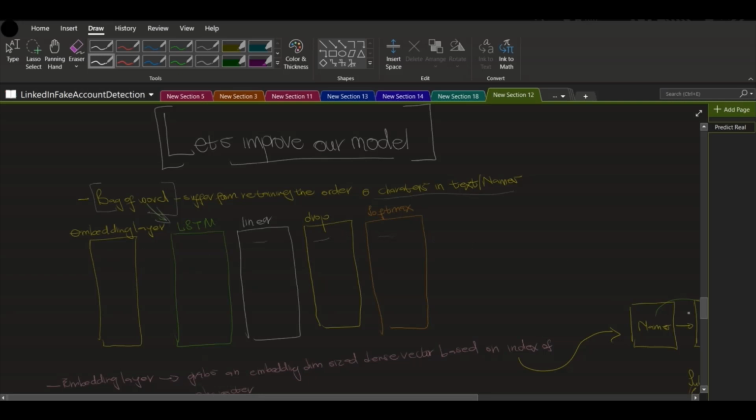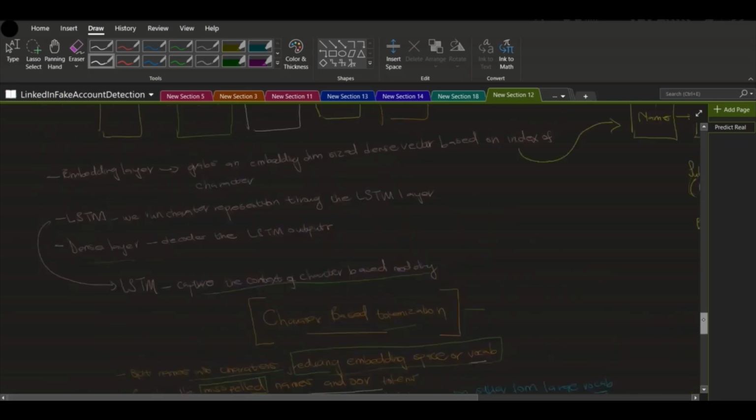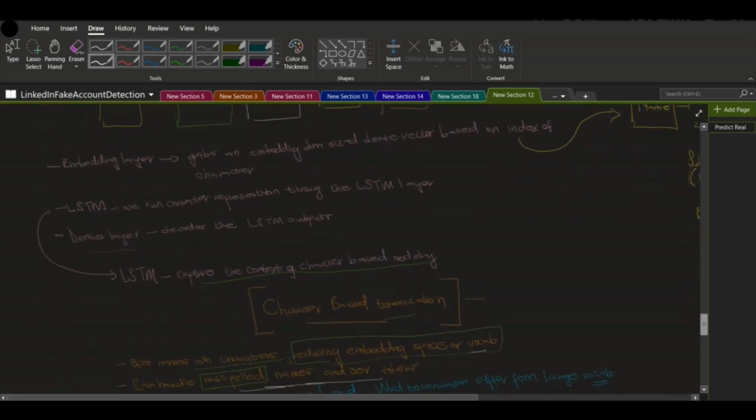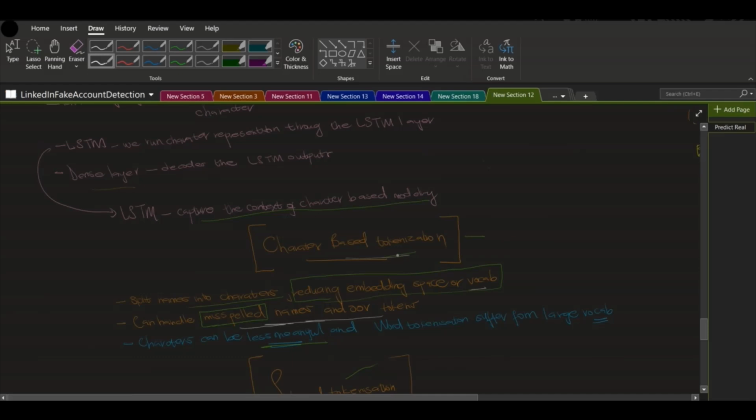So now diving deeper into some of the improvements, I have also included character level tokenization. We can think of this as splitting the names into characters. The advantage is that it reduces the embedding space, because now our vocab is going to range from A up to Z. However, even though it helps us handle misspelled names and stuff like that, it can be less meaningful.